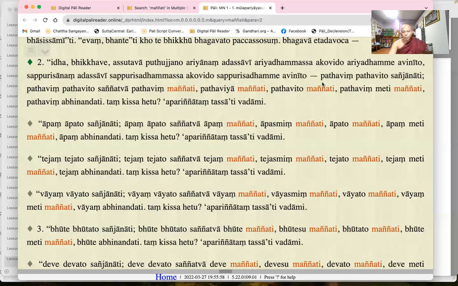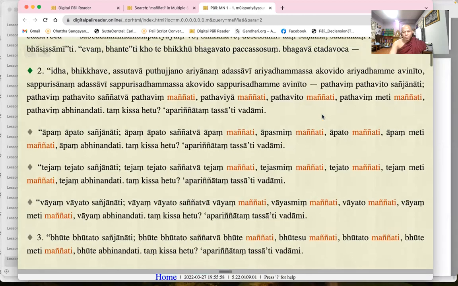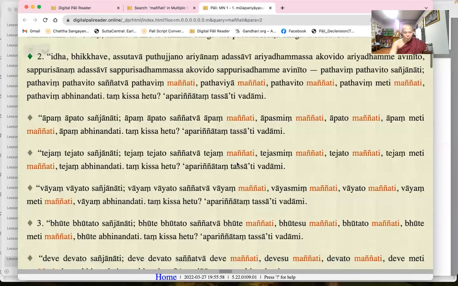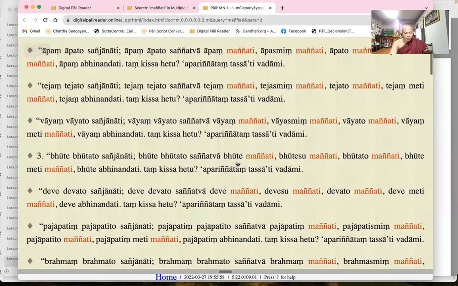So here are many examples. So pathaviṃ sañjānāti. He knows the earth as the earth. So pathaviṃ sañjānāti, pathaviṃ maññati also. Not maññati. What is from which line?